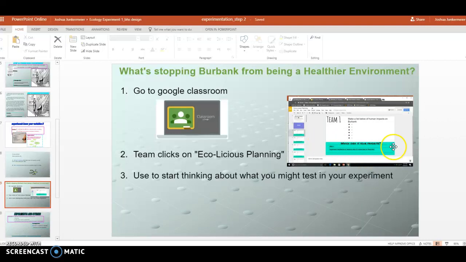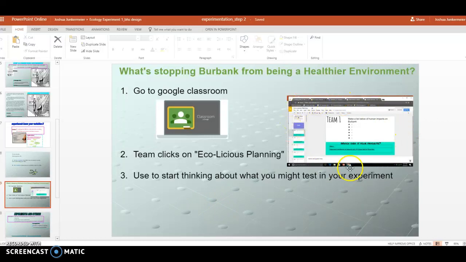Eventually, in the lower box, we'll use the variables we've listed to think of what specific thing we want to test, what one thing might be making our environment less healthy, and you'll study it in our experiment.